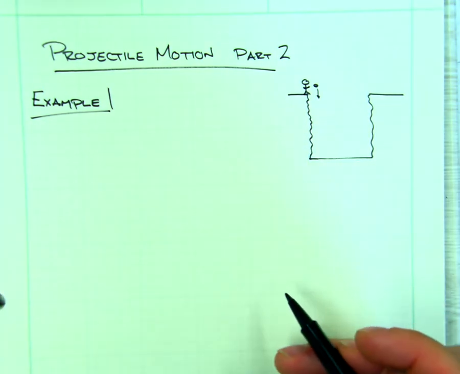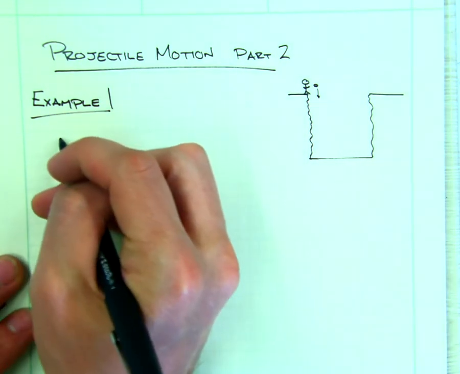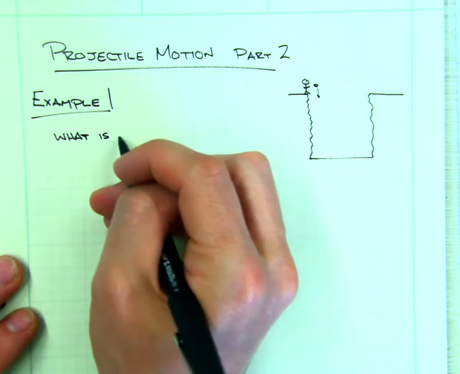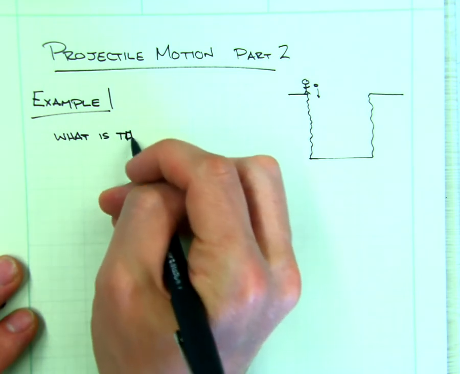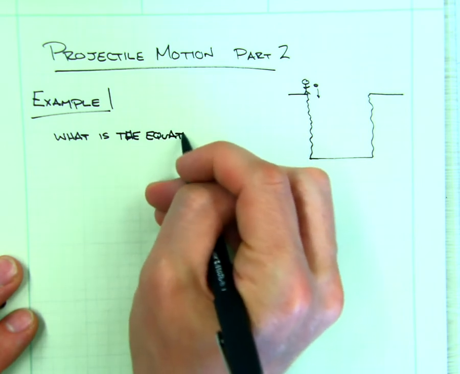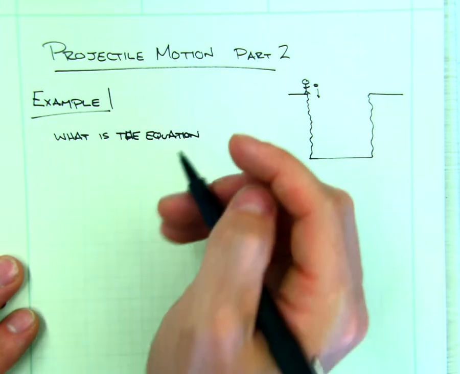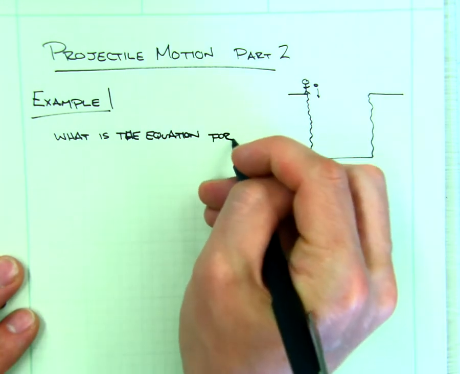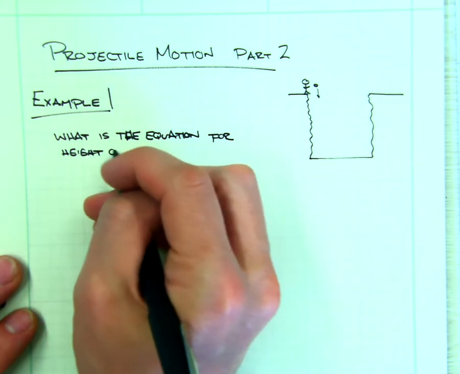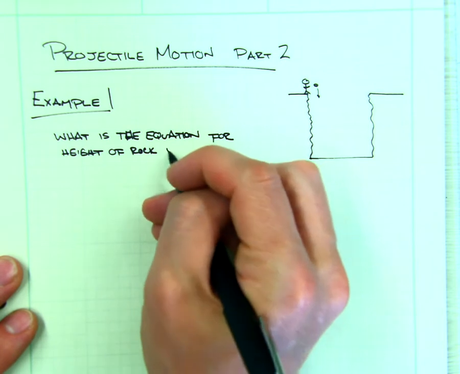You're wondering, okay, so the question is, what is the equation for the position of the rock, or the height of the rock, with respect to time?